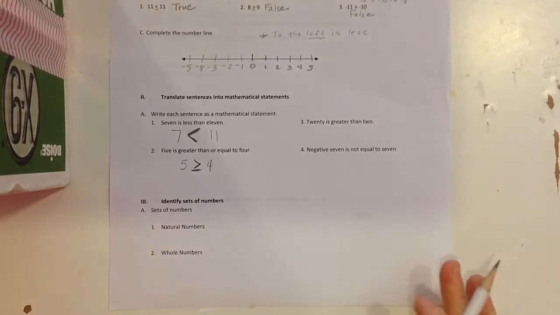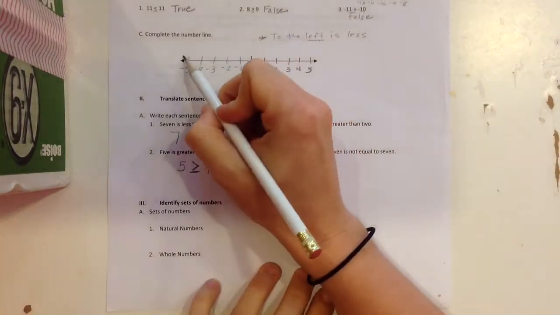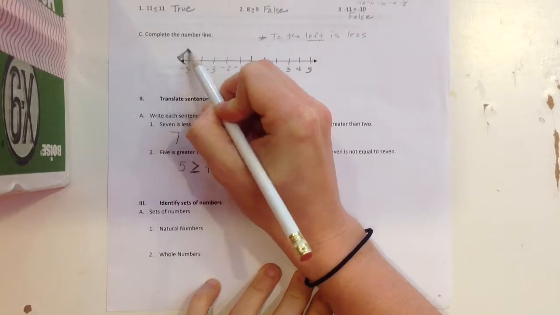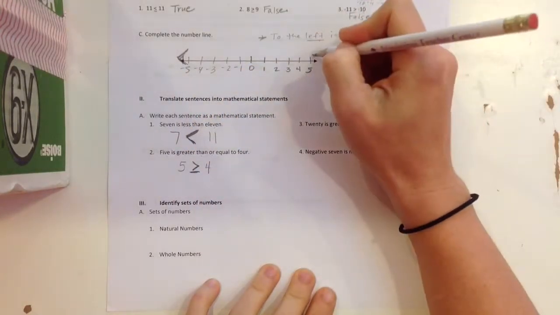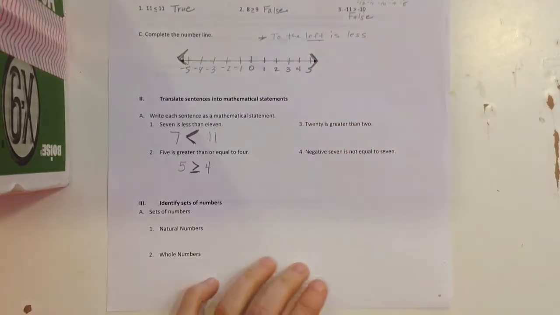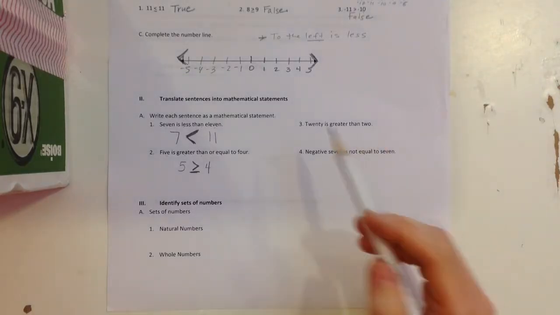Something else that could help you with your greater than or equal to is coming back to your number line. This entire arrow is a less than sign. This entire arrow is a greater than sign. So, you know, it's greater if it's to the right, it's less if it's to the left, and maybe that'll help you narrow it down too.